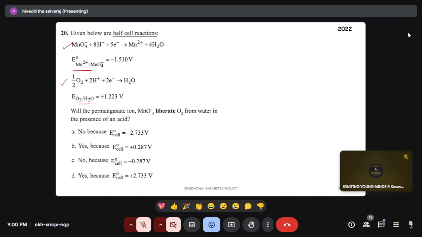They are talking about some process where MnO4 minus is reacting with water molecule to give oxygen gas, and they're asking about the spontaneity or feasibility of the reaction. So again, it is from electrochemistry, but before getting into the equation, please check whether the given potentials are electrode potentials, I mean, reduction potentials.